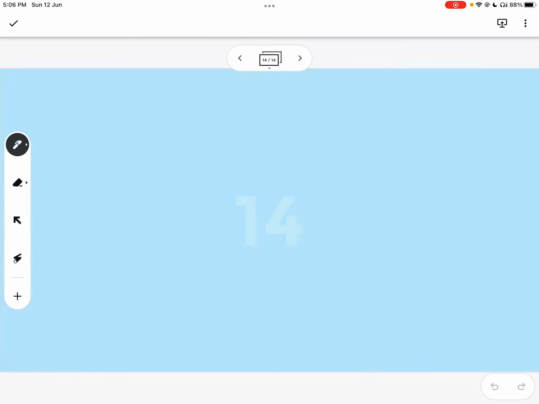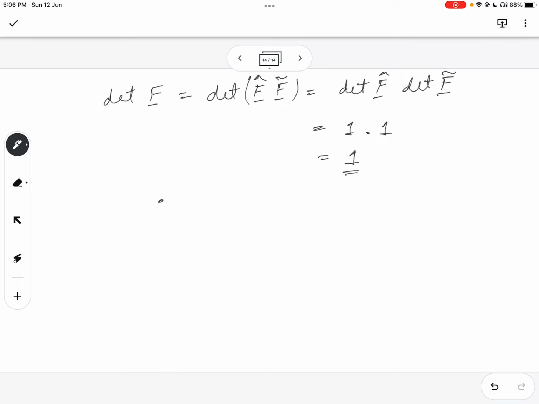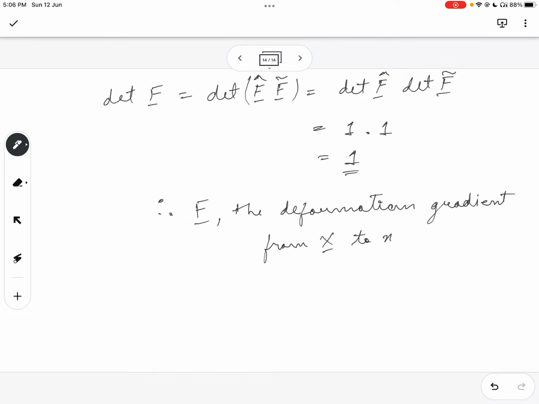Therefore, determinant F, which is equal to determinant of F hat F tilde, which is equal to the product of the two determinants, is 1 times 1, which is 1. Therefore, F, the deformation gradient from capital X to small x, is isochoric.